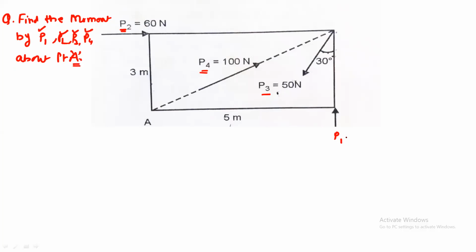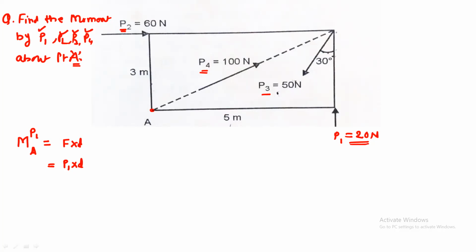Consider the first force P1. This value is 20 Newton. The representation for moment is moment by the force P1 about the given point, that is the point A. This is equal to, our general formula, force into perpendicular distance. Right now force is 20 Newton, that is P1, so we can write P1 into its perpendicular distance d. Perpendicular distance d means what?